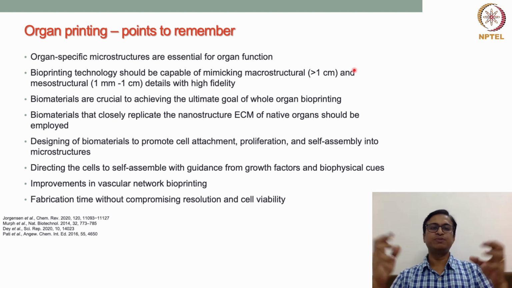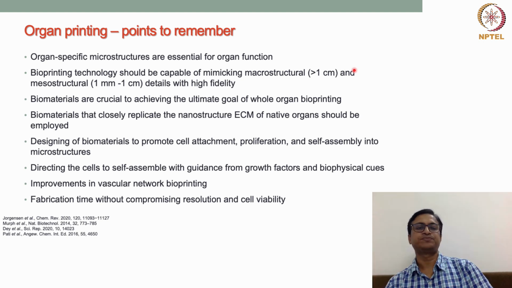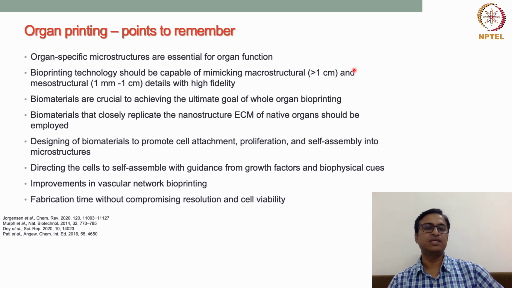It should be able to reproduce that kind of structural detail with high fidelity, meaning accurate reproduction. If we can do that, then only can we try to print a specific tissue or organ.